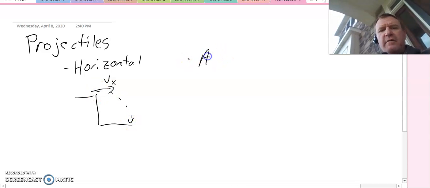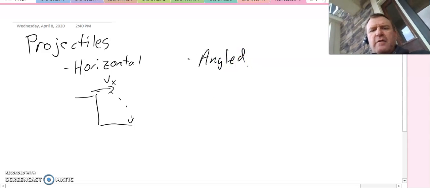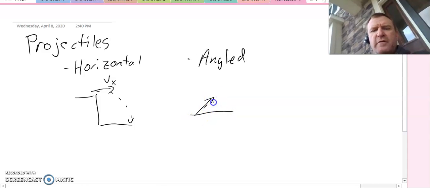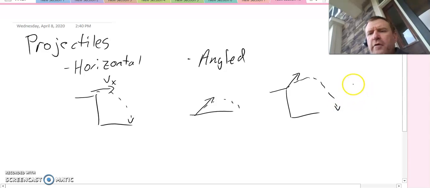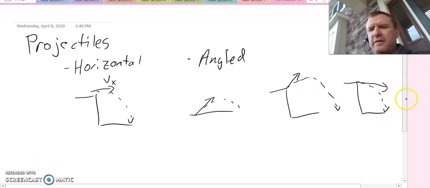And then we have angled projectiles. So angled projectiles, you could be on a flat surface and it's launched like that and it goes like that. You could be up a height, launch it up at an angle like that, or you could be up at a height and launch it down at an angle and do something like that. Kind of bad pictures, but I think you get the idea.